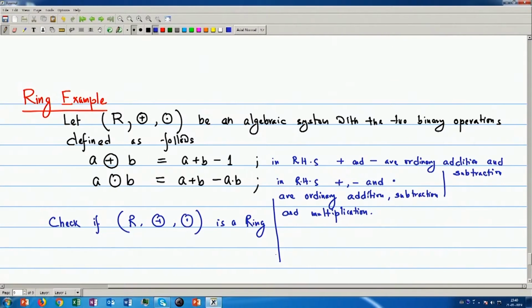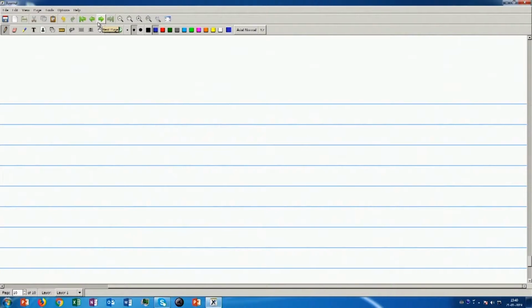So, if we remember the properties of a ring, one by one we try to check them. Okay. So, we give the solution and this is a continuation.